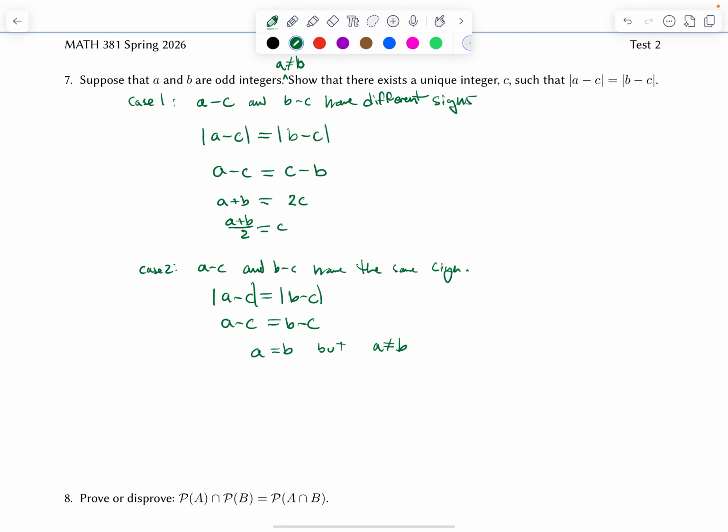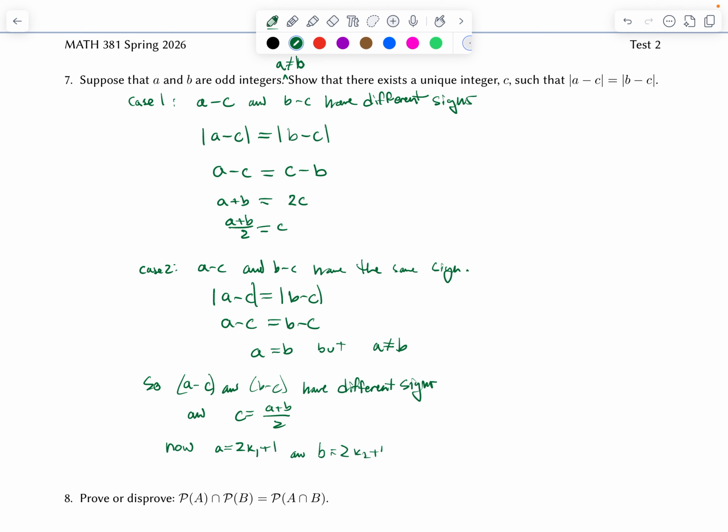So a minus c equals c minus b, they have different signs, and c is equal to a plus b over 2. Now, a is 2k1 plus 1, and b is 2k2 plus 1, where k1 and k2 are integers.